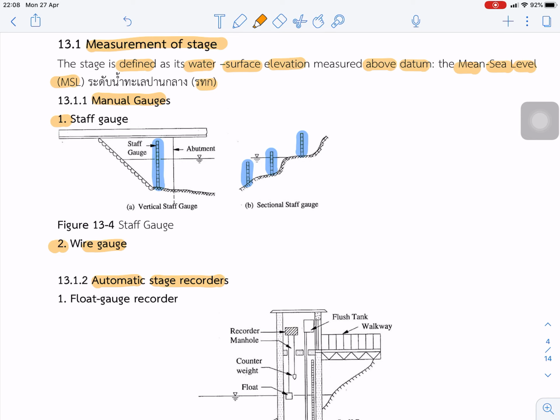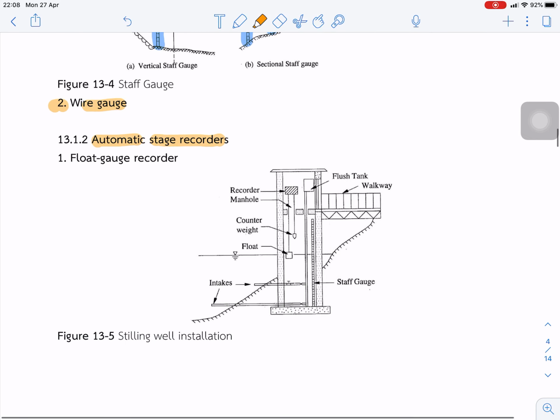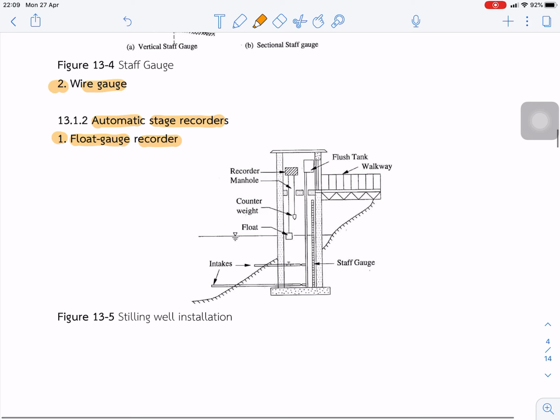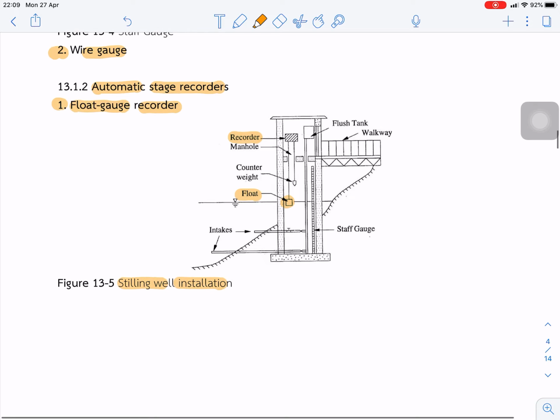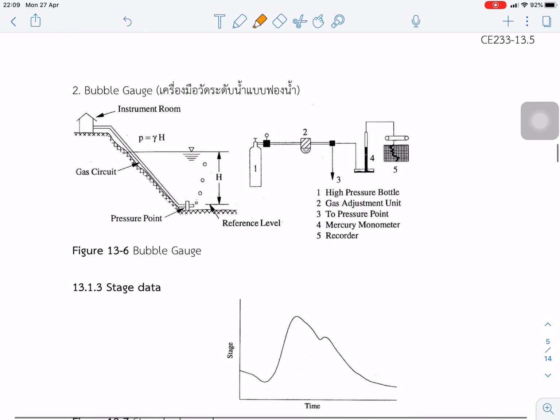For automatic state recording, the first type is the float gauge recorder. We put a float on the surface and measure the record. The recorder measures the level of the float using what we call the steering wheel. The other type we call the bubble gauge.